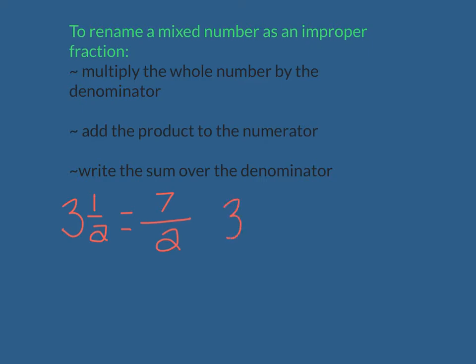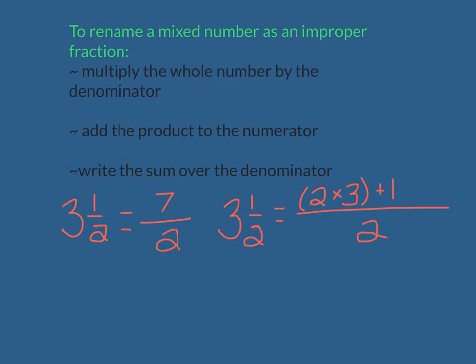We have 3 1/2 equals, we do our denominator times the whole number plus the numerator, all over the denominator.